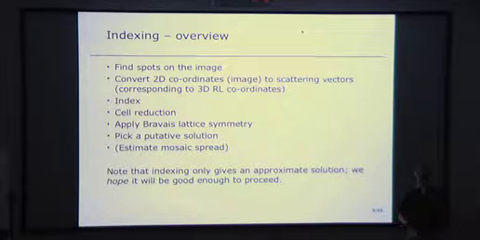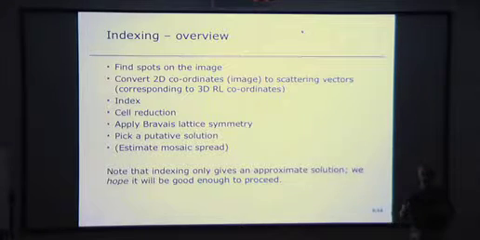So if you've got monoclinic, orthorhombic, trigonal, tetragonal, whatever. Now, either the program can pick a solution at that time, or you can pick one. It takes a little bit of experience to know what a good solution looks like, but most of the indexing programs will have some kind of penalty function that will give you an indication of what is a good solution, what is a bad solution.